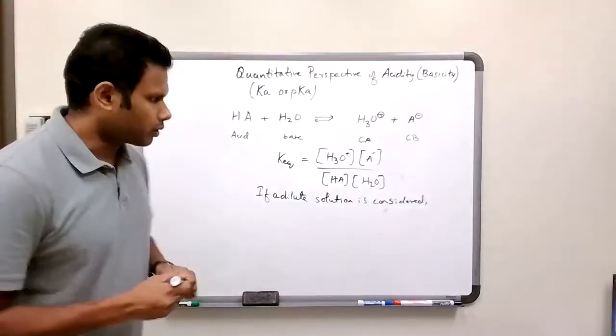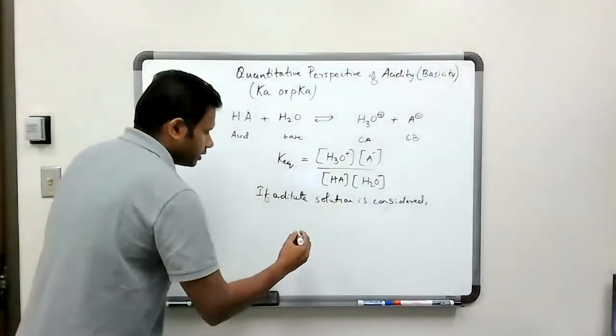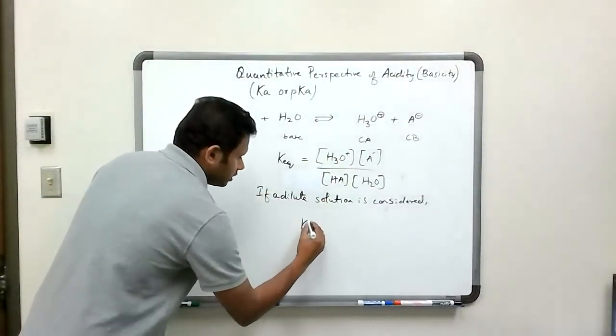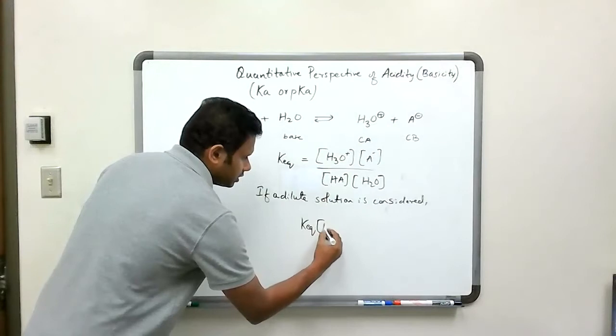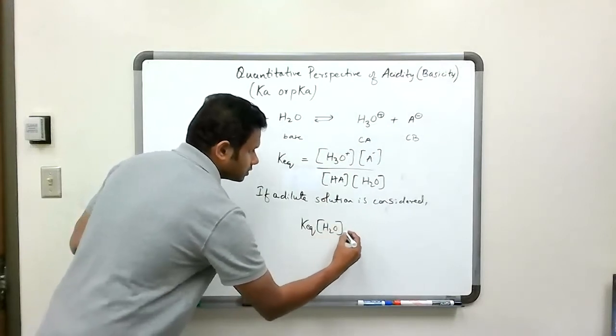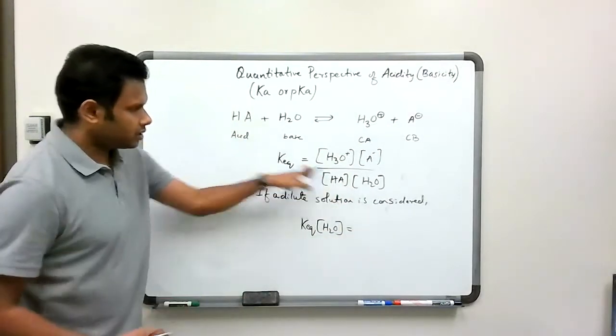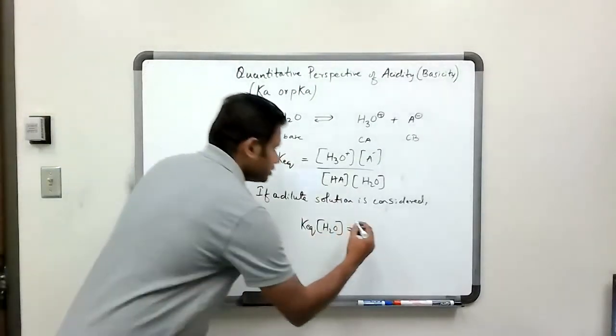There's a lot of water around. So we can rearrange this equation a little bit, and what we'll do is we'll say K equilibrium times the concentration of water. So I basically brought it up here. Simple math there.